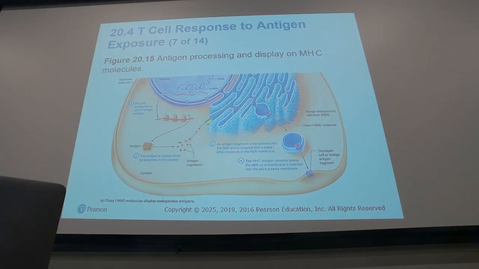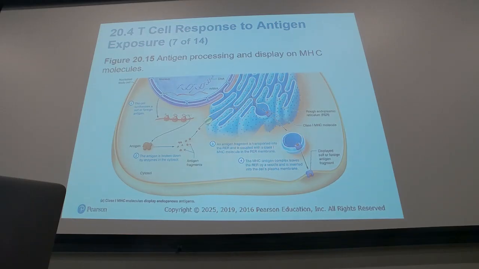So what is the response of the T cells to an antigen? Once your cell gets in contact with an antigen, you will start synthesizing these molecules that help to present this antigen. So in this case, you will have your DNA that is going to code or transcribe a messenger RNA, and this messenger RNA is going to be formed into a protein.